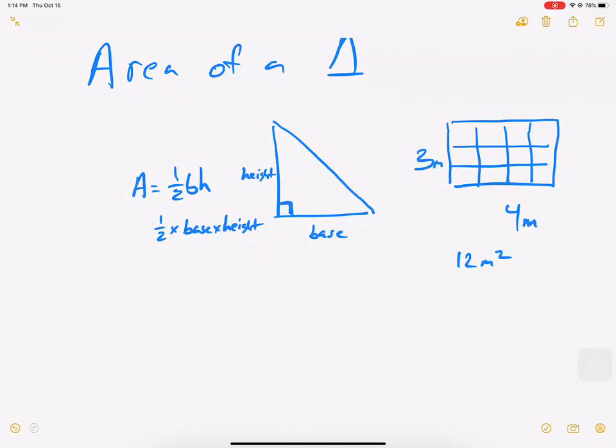Or you could say square meters. We have 12 square meters. And it kind of gives us that. It gives us 1 square, 2 squares, 3 squares, 4 squares, 5 squares, 6 squares, 7, 8, 9, 10, 11, 12 squares. And these are in meters.